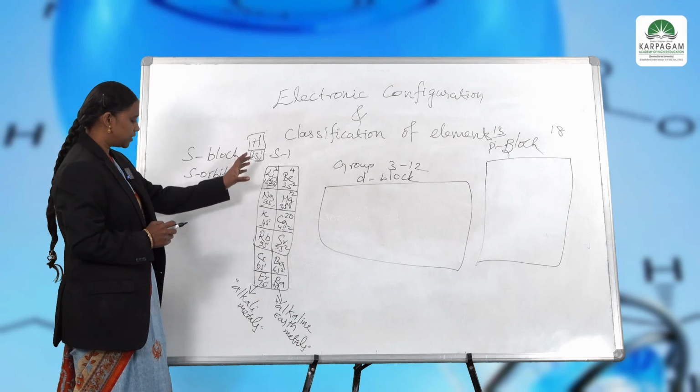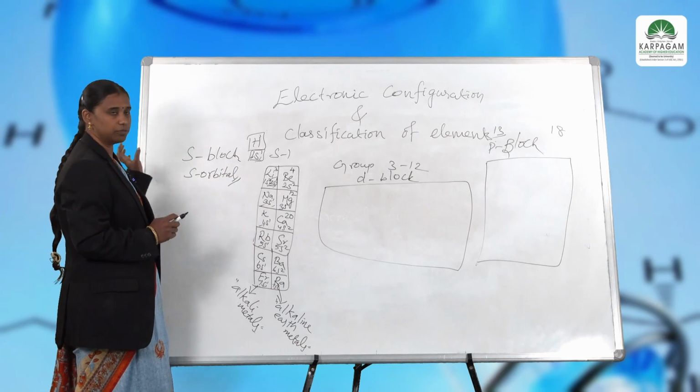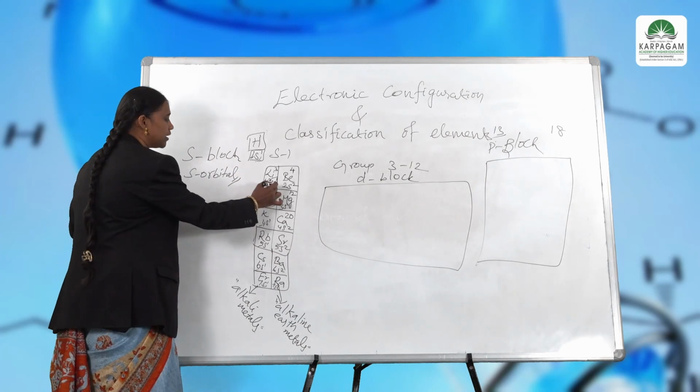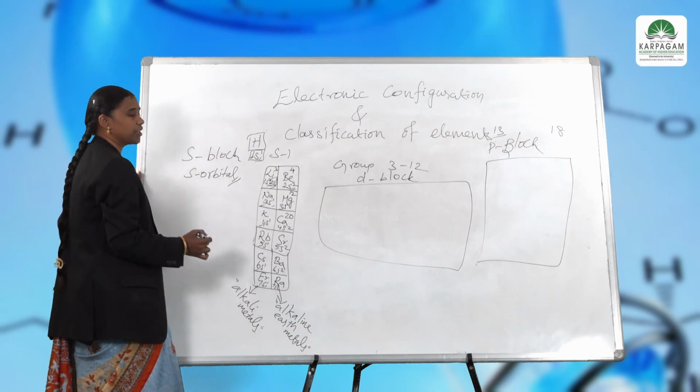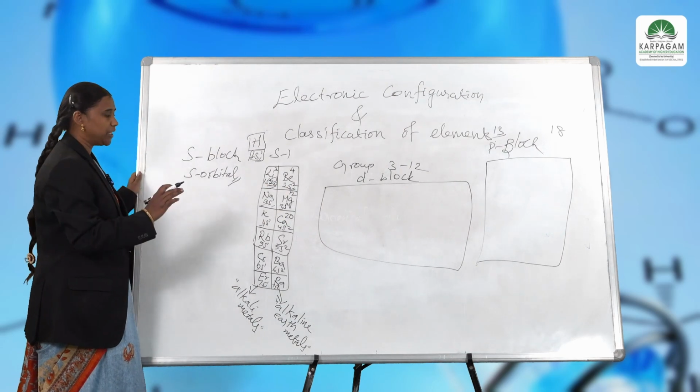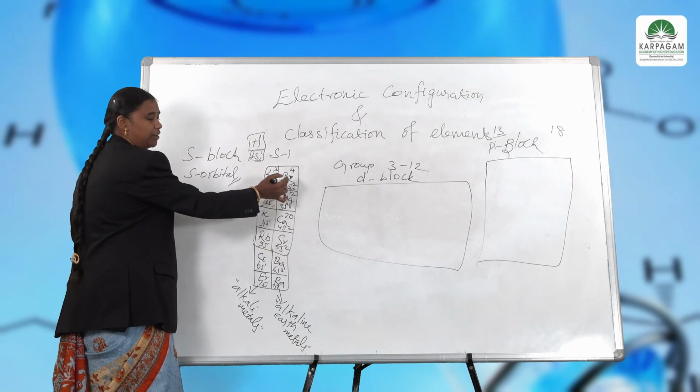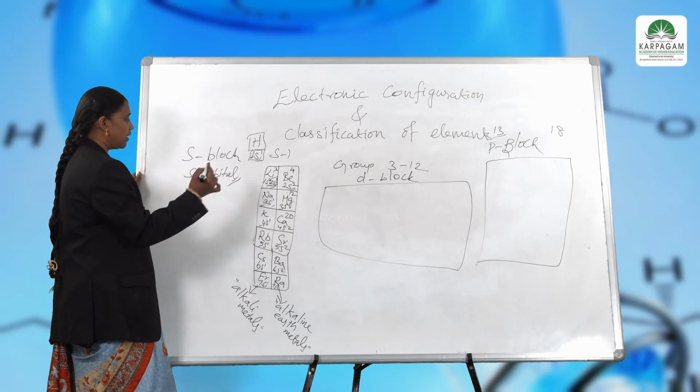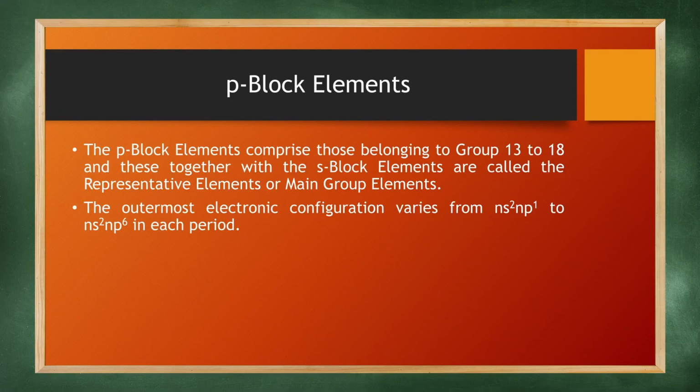So, these two groups belong to the S block elements, and their outermost electronic configuration ranges between ns1 and ns2. Next we go to P block elements. Here in the P block elements, the outermost electrons are filled in P orbitals.